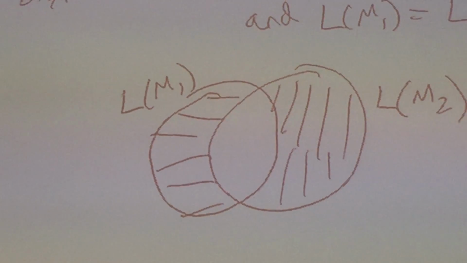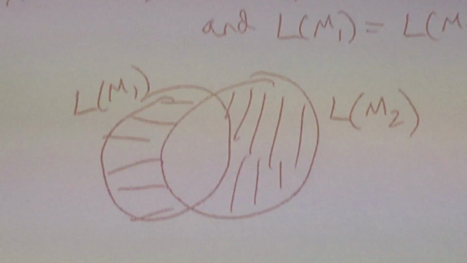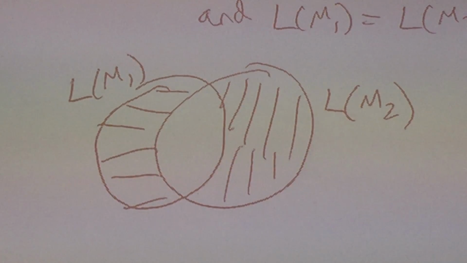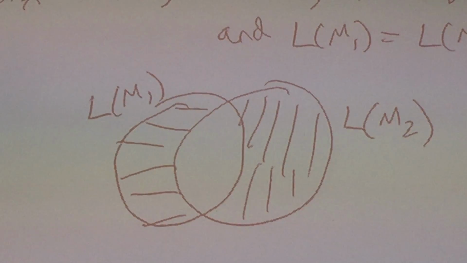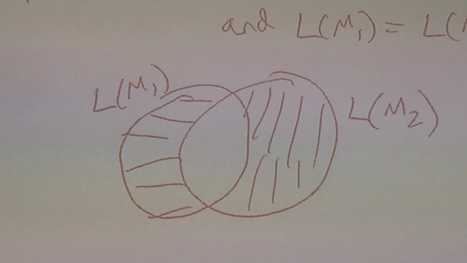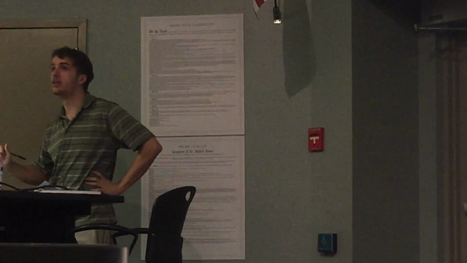So therefore, could I say that I want their union to be empty? Yeah, if I can show that the union of these two regions is empty, that must mean that there's no string that is in one of the languages and not in the other. So I want to make a machine that checks whether this is empty.